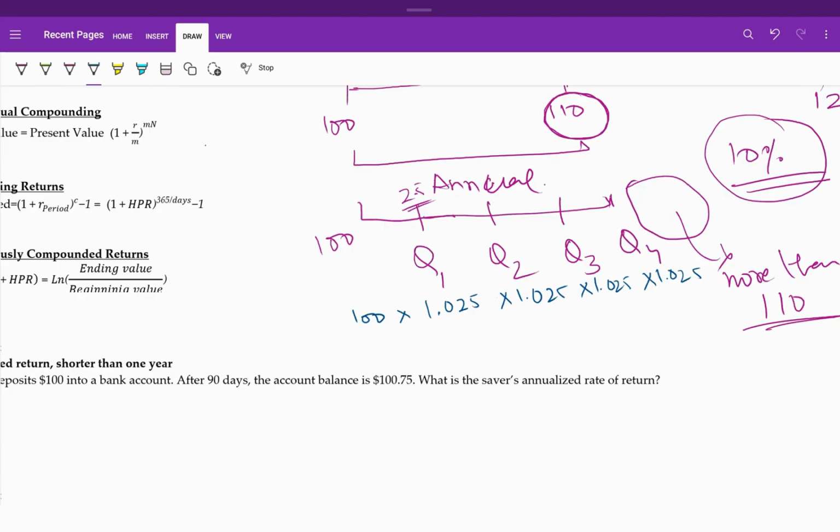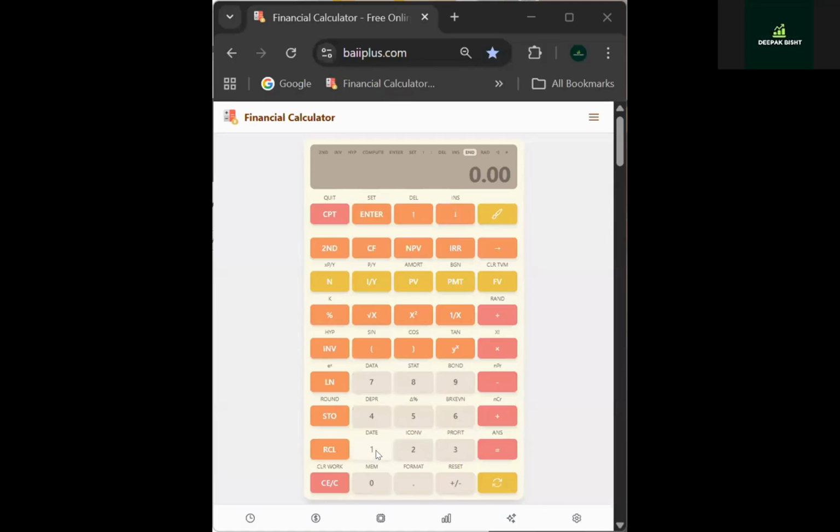Let me quickly calculate it on my calculator. I'm sharing my screen with my calculator. So I start with 1.025, raised to the power 4. This is going to give me 1.1.